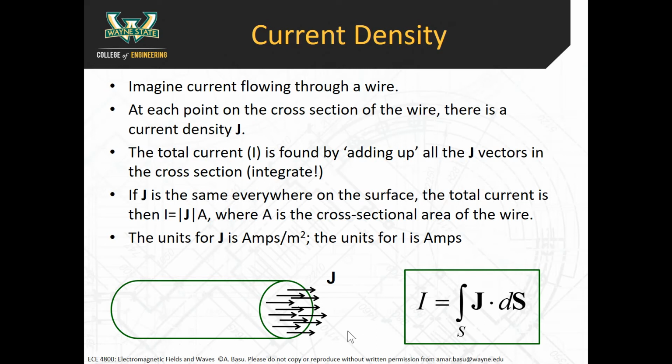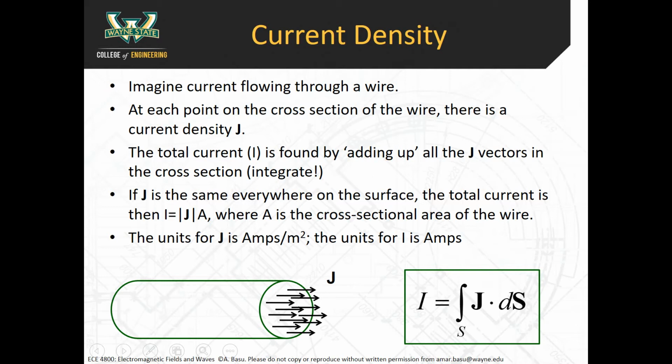It's the density of current. The total current can be found by adding up all the current density vectors. If each one of these little arrows is a current density at a point in space, then the total current is equal to the surface integral of the current density.